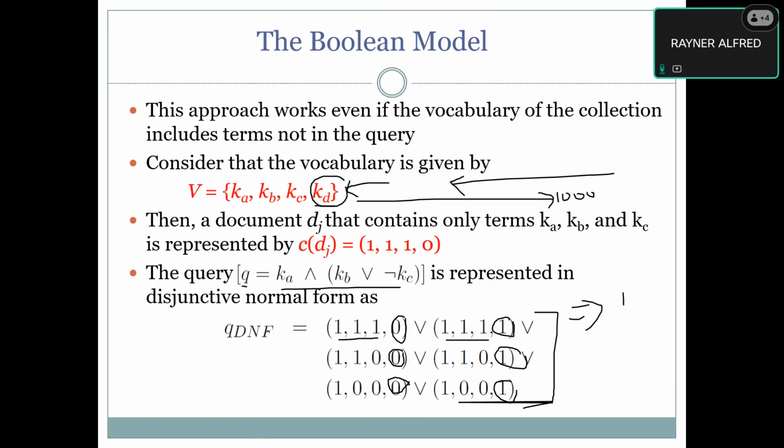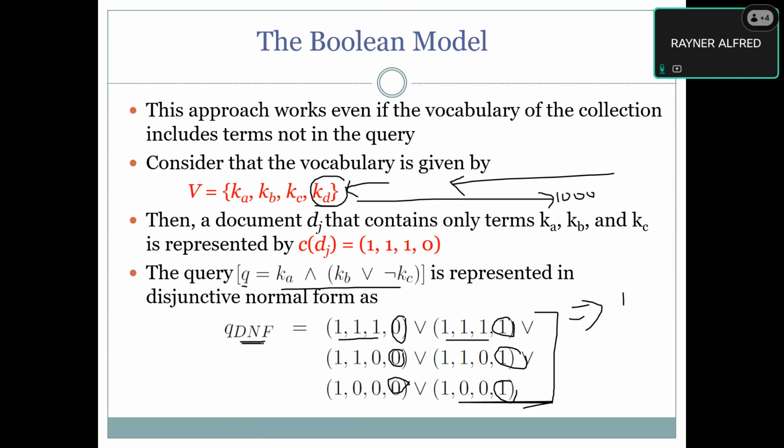okay, the query is in the disjunctive normal form because we could have more than one document. But each document is represented as conjunctive normal form because each document will have one format only, right?